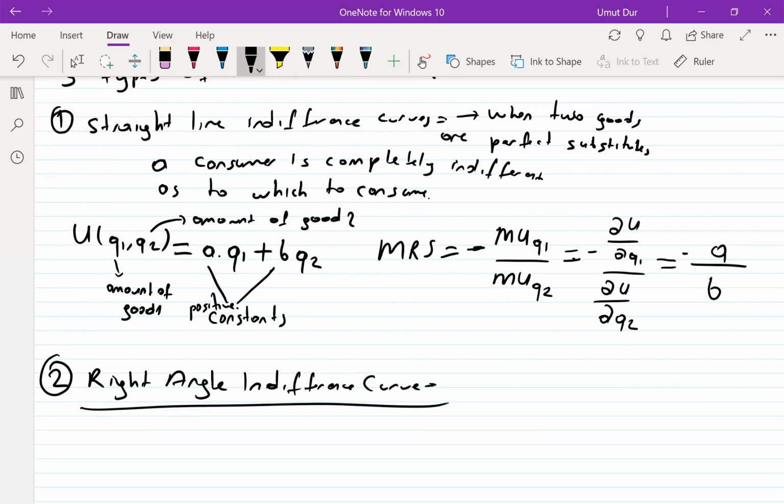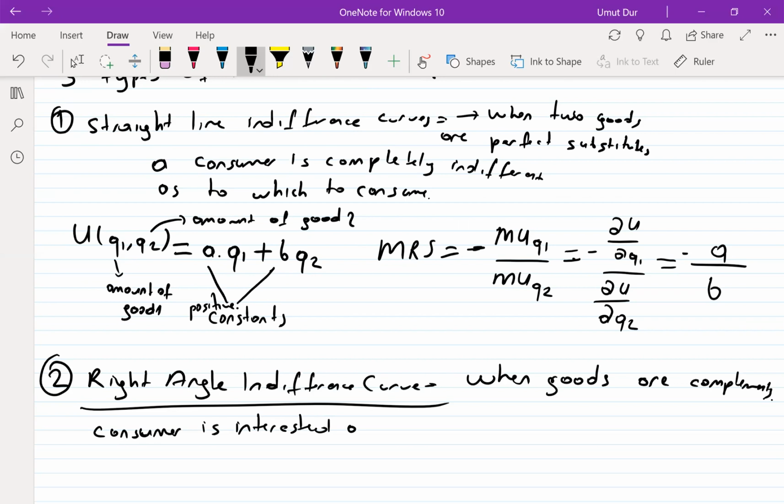This occurs when goods are complements, which means that the consumer is interested in consuming only in fixed proportions.